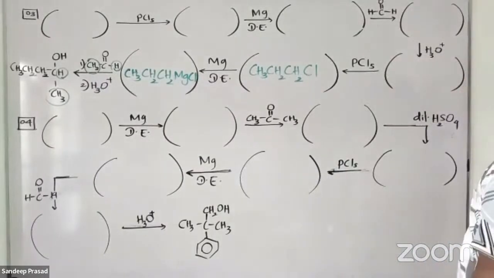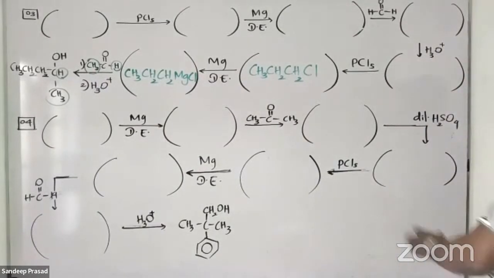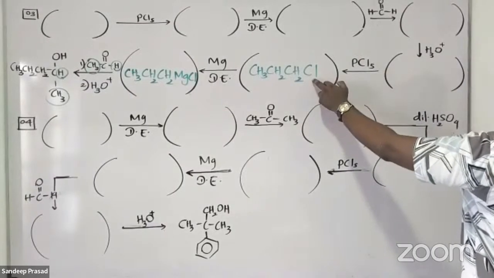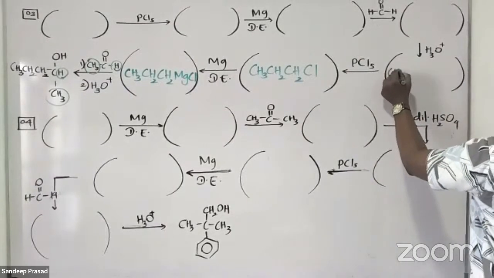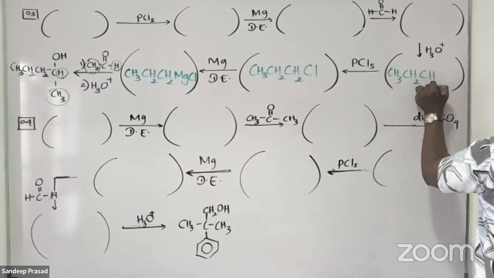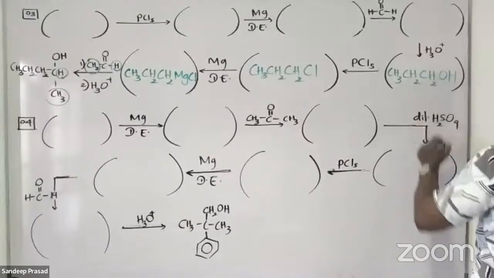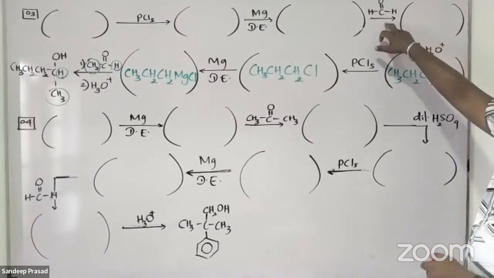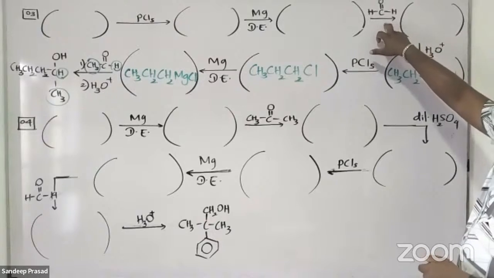You have to think in reverse. So we are adding PCl5 for whom actually? To convert this one into chlorine. We are adding PCl5 for an alcohol, CH3, CH2, CH2OH. This alcohol name is propanol because there are three carbon atoms. Now again, H3O+ is added, and look at the previous steps also. Methanal is added.